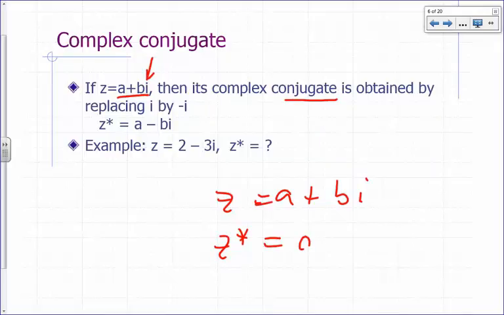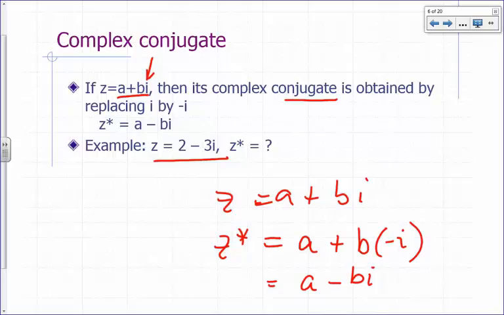So that's a plus b times -i, which is the same thing as a minus bi. If z is 2 minus 3i, what is z star? 2 plus 3i. So you say 2 minus 3 times -i. Anytime you see an i, replace it by -i. So that's 2 plus 3i.